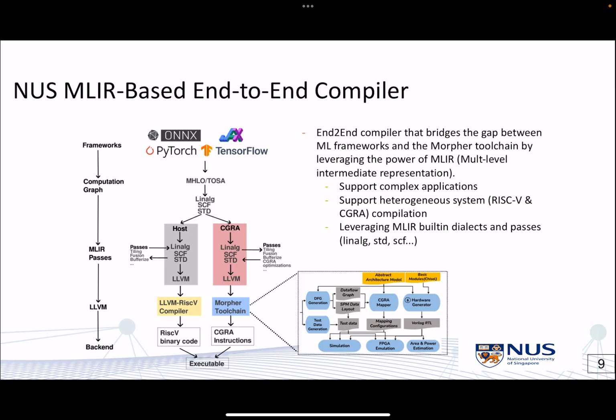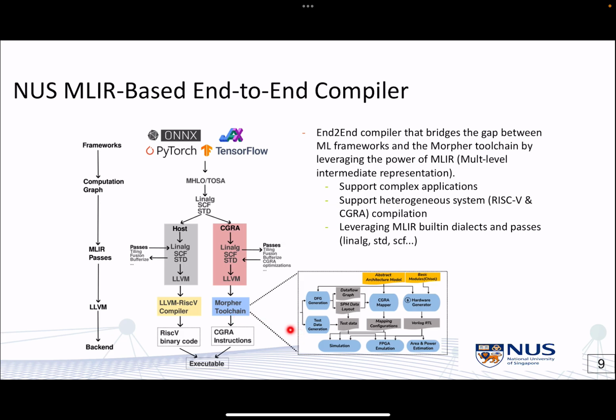The main discussion in this talk is about the Morpher toolchain, which we have already developed. This Morpher toolchain takes a loop kernel as an input, either from LLVM IR or as a C program, and it can map those application kernels onto a user-given CGRA architecture.